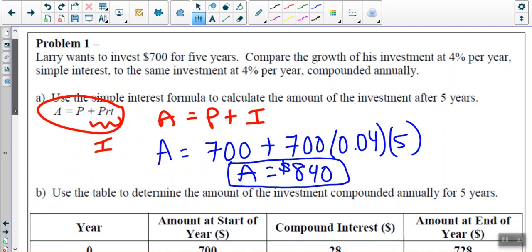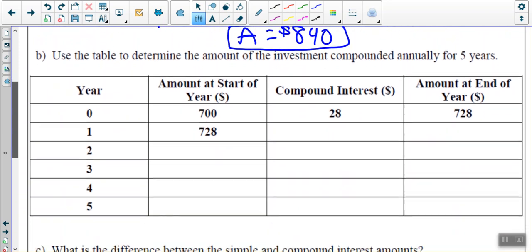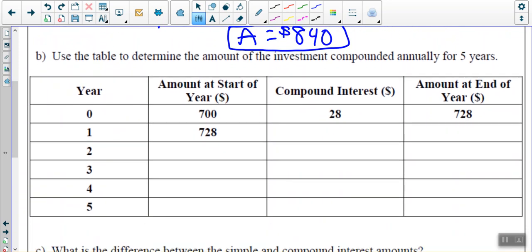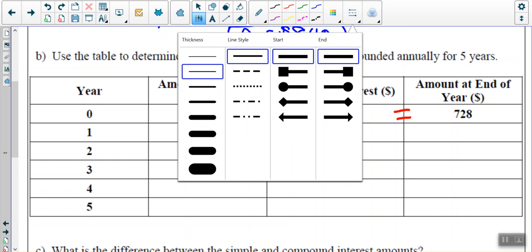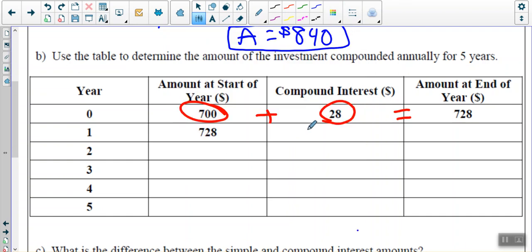Again, compound interest takes a bit longer because the interest has to be calculated every year and added on to the total amount. So year 1, $700 goes in. This is 4% of $700. Added on gives you $728. And then we're going to continue that pattern of multiplying by 0.04. And for the next year, he's going to get a bit more, $29.12.